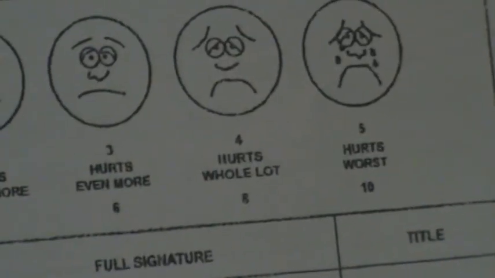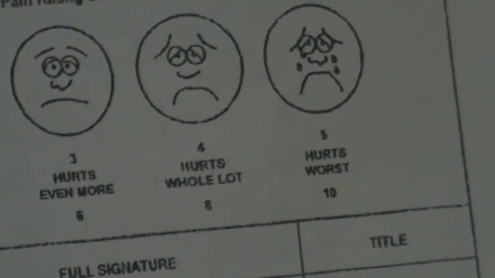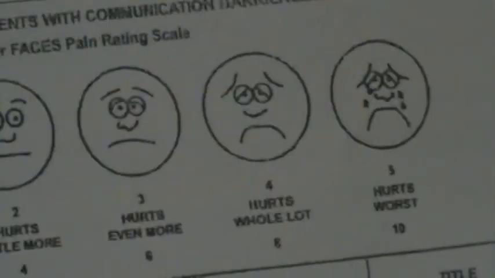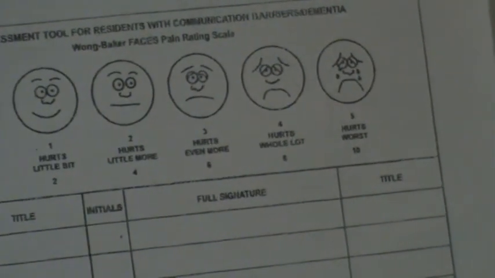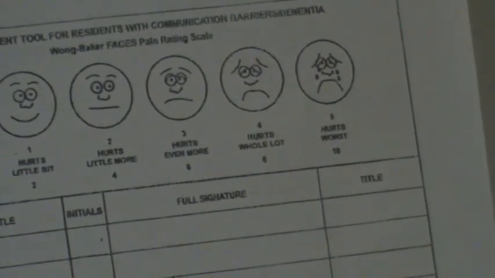Number 4, 4 to 8 hurts a whole lot. And if they are crying, that could be anything between 5 and 10. That means the pain is crucial, at a level of 10 if they are crying. So you would give them their medication or call the charge nurse to get an order to give medication.